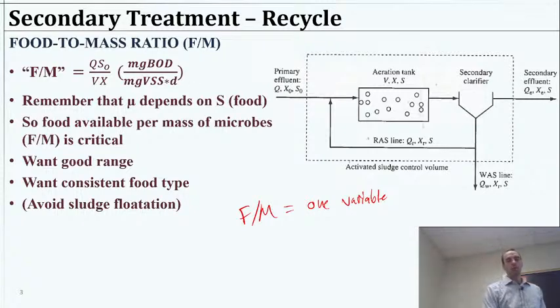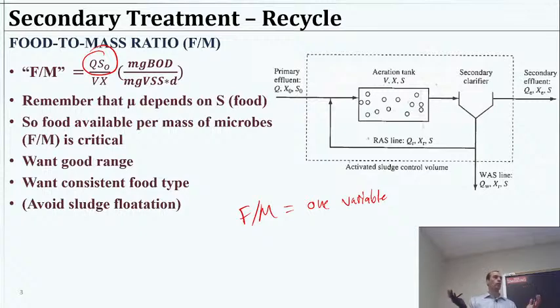So let's take a look at the formula real quick. I already mentioned this, but on top, this is a flow rate times the substrate. Substrate's the amount of food coming in. The Q, that's the flow rate. That's essentially a volume per time, multiplied by a concentration, a mass per volume. The volumes will cancel, you'll get a mass per time, right?